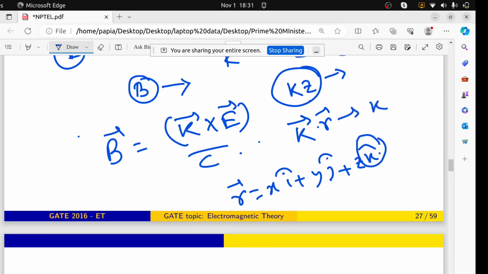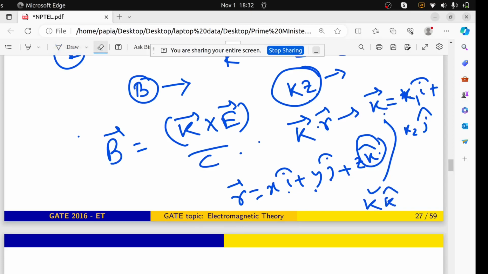Otherwise, let's say if k vector is k1 i cap plus k2 j cap, then what will be the dot product for this case? The dot product will be k1 x plus k2 y. But the dot product is giving kz. That means this one should be k into k cap. Do you understand? Yes, ma'am.